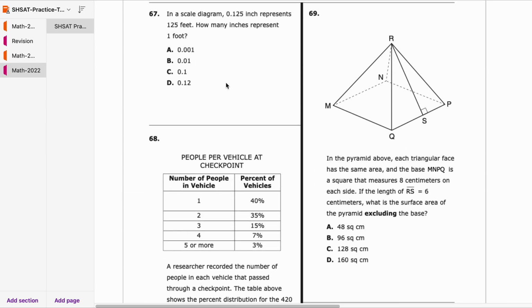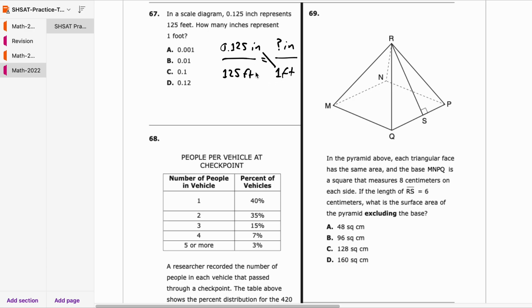Okay, so now on to 67. So in a scale diagram, 0.125 inches represents 125 feet, and we want to know how many inches represent 1 foot. So this looks like a proportion question. So we have 0.125 inches is equivalent to 125 feet, and we want to know how many inches represents 1 foot.